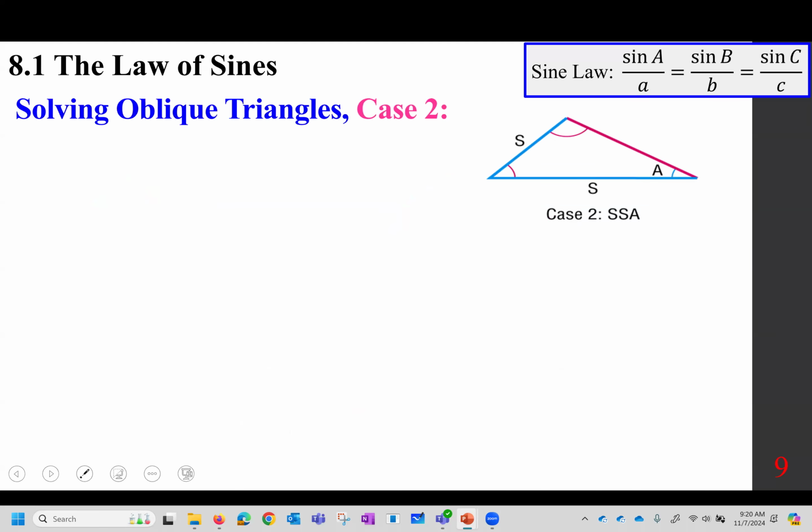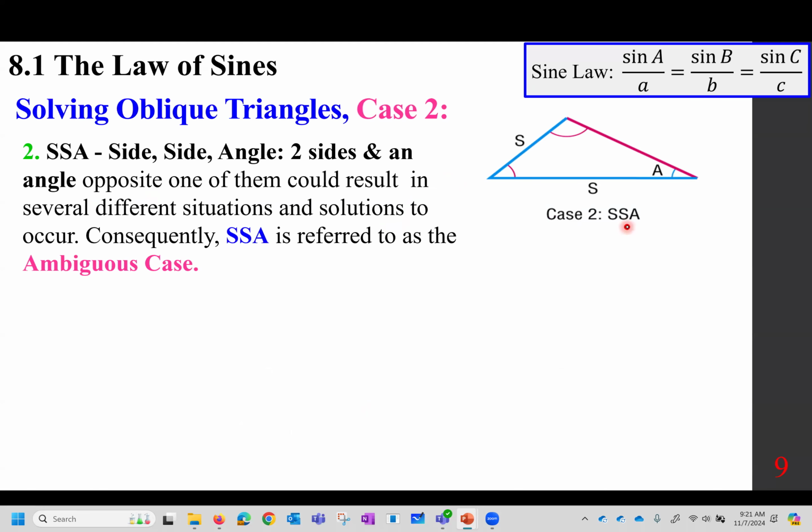Case number 2, solving oblique triangles. Case number 2, we have side, side, angle. SSA, two sides and an angle opposite one of them.